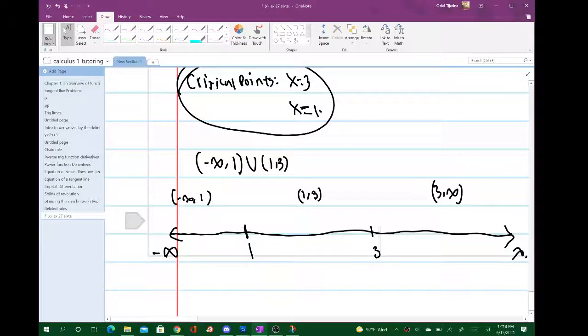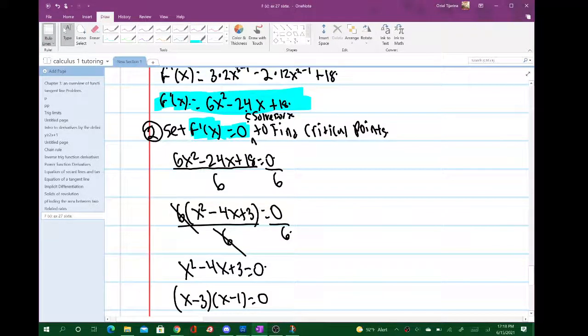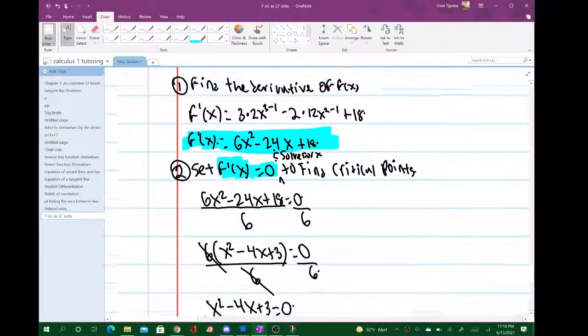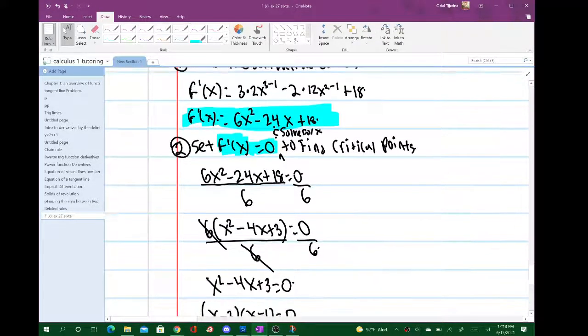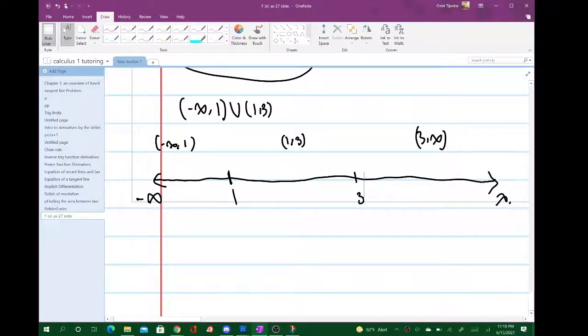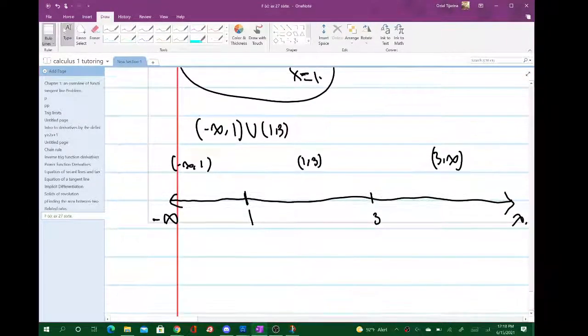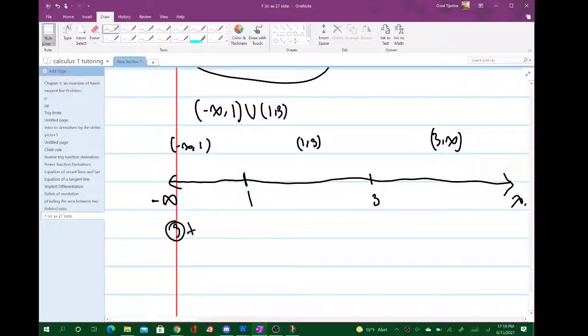Now, let's see. Those are the critical points. So x equals 1, x equals 3 are the critical points. And now you're going to, number 3, test from negative infinity to 1, excuse me.